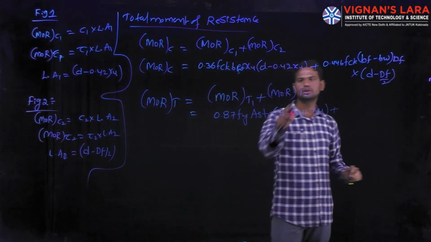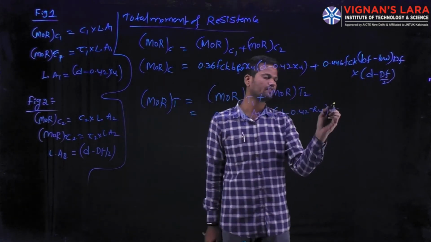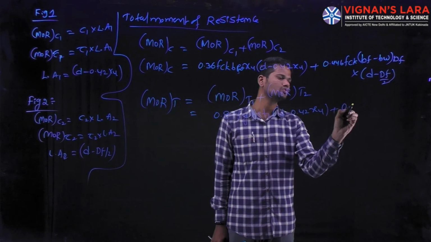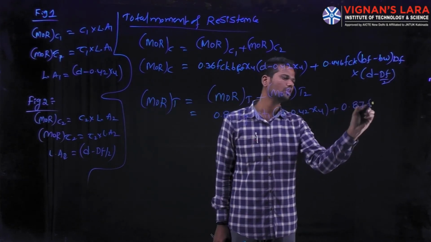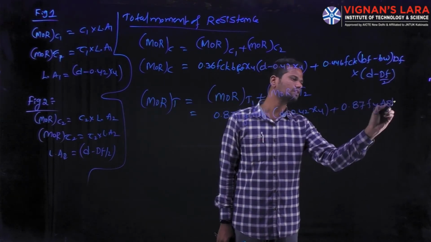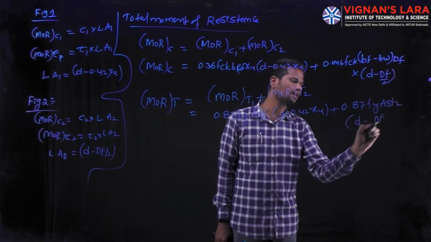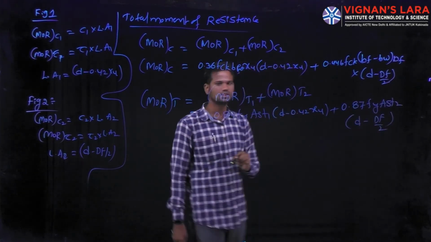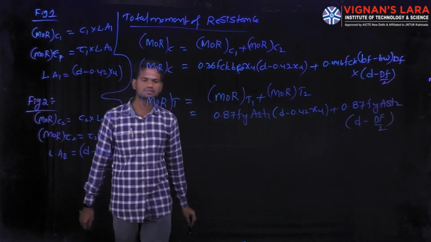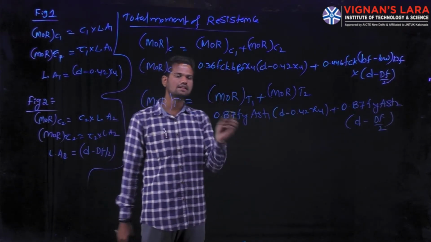Next, the moment of resistance in tension zone 2, from figure 2, we have this value as 0.87 Fy Ast2. Again the lever arm distance is D minus Df by 2. This is the moment of resistance calculation for the second beam.